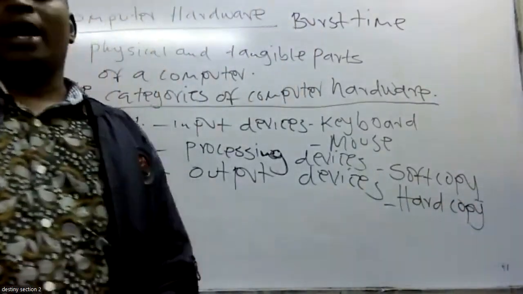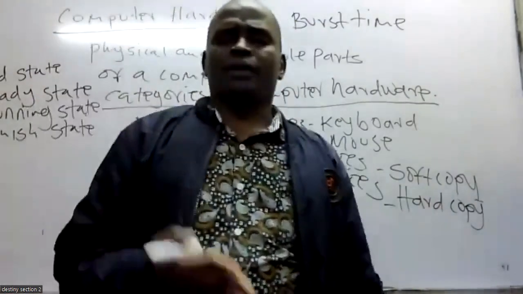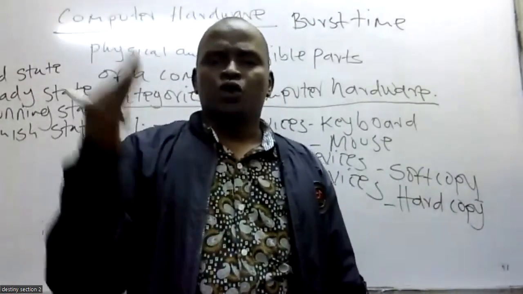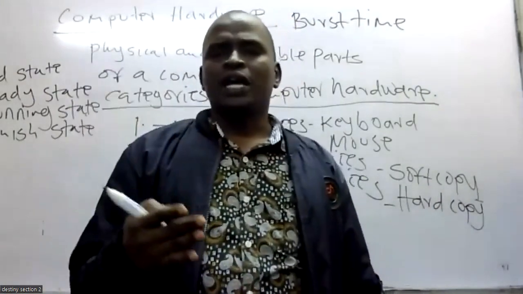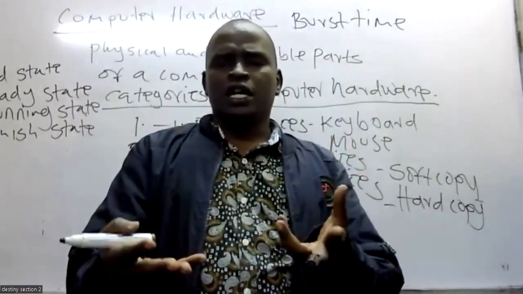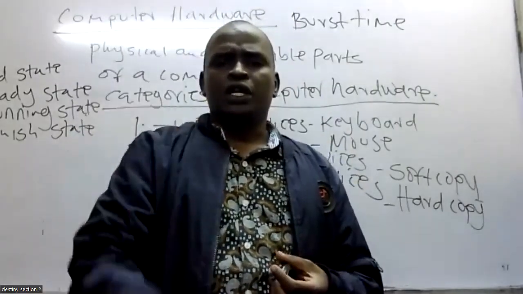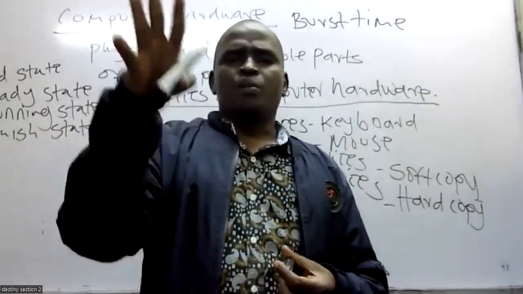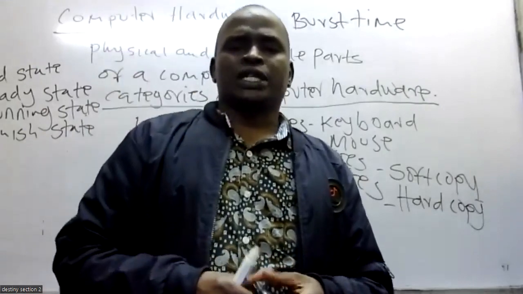What do I mean by hard copy and soft copy? The hard copy is the printed one. If I print something from my computer, it means that you obtain that information in hard copy. And then the soft copy is the one we read on the computer screen.